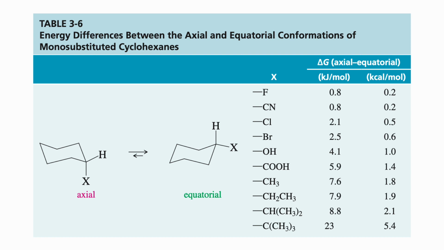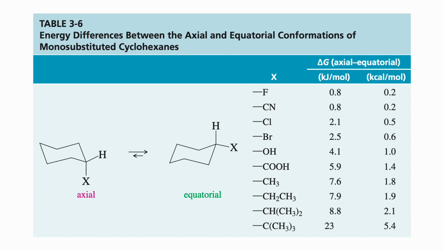So for a fluorine, for example, it doesn't matter much whether a fluorine is equatorial or axial. That's a fairly small number there, 0.2 kilocalories per mole. If we look at whether an OH is equatorial or axial, that's 1 kilocalorie per mole. So that's equivalent to a hydrogen-hydrogen eclipsing interaction.